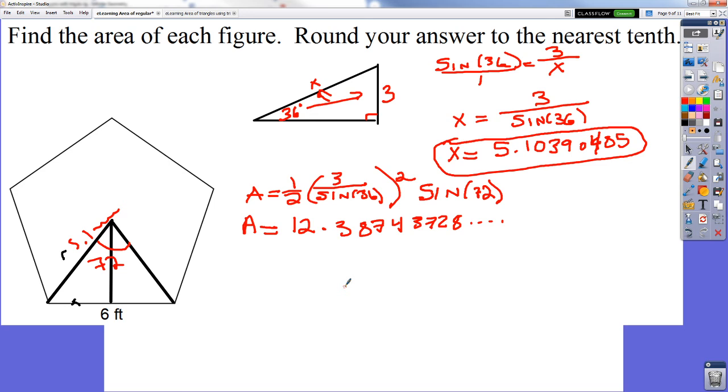But that's okay. You should be fine being off by a little bit because we're just rounding to the nearest tenth. The error shouldn't creep that high anyway. And then all we have to do for the last thing is just multiply by how many triangles there are. 1, 2, 3, 4, 5.